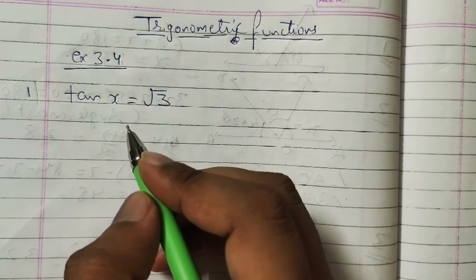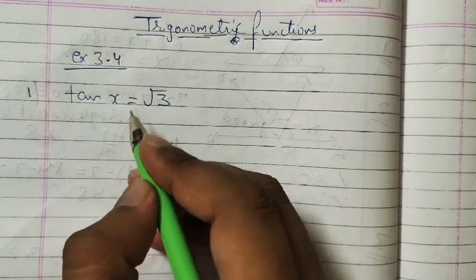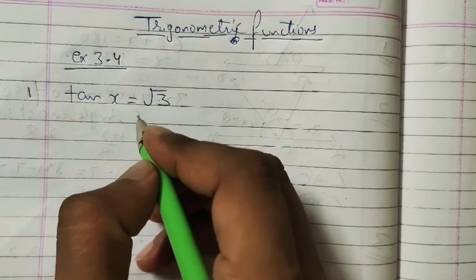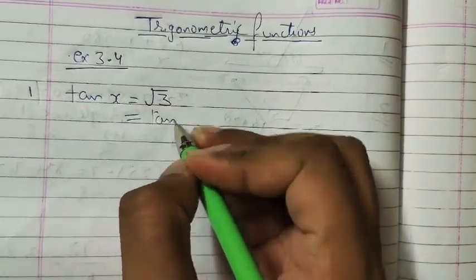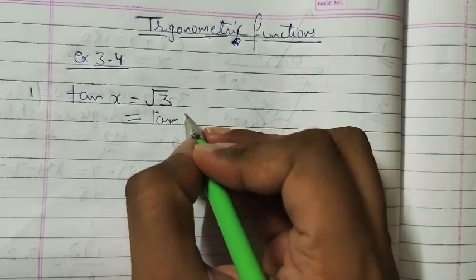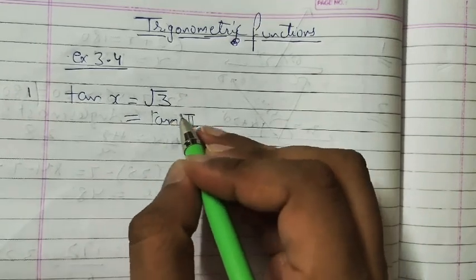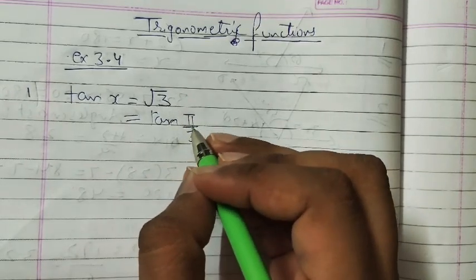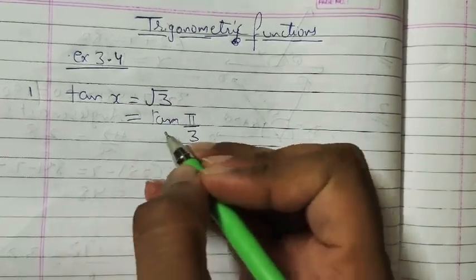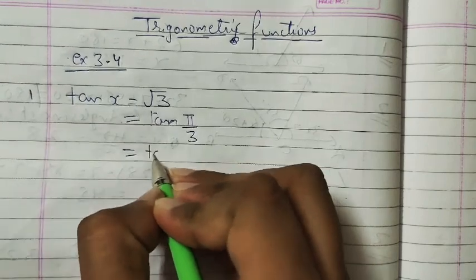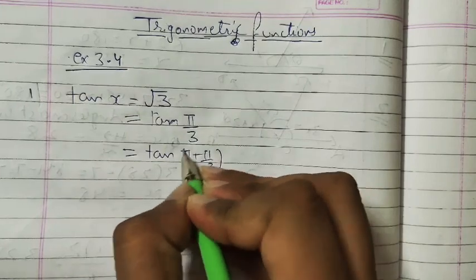Now at which angle or at which value of tan the value is root 3. So we know this value will be at tan, root 3 is tan pi by 3 if this is in first quadrant, whereas tan is also positive in third quadrant. So we can say this value can also be equal to tan in third quadrant. This will be pi plus pi by 3, right?